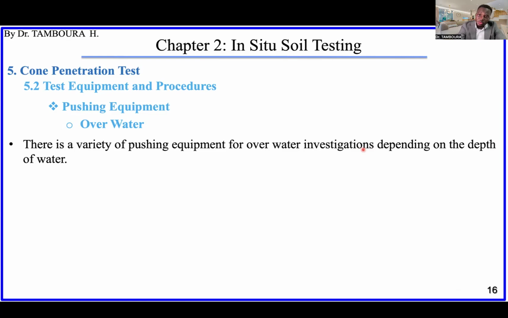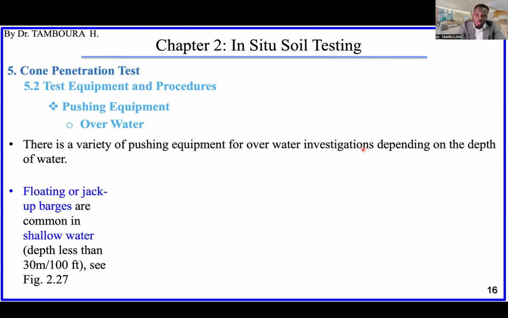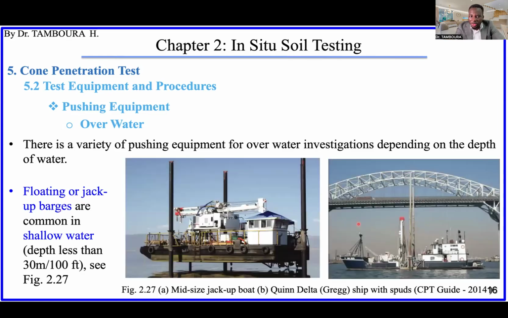Because sometimes if you are doing this at sea, we have floating or jacked up equipment for shallow water depths, if the depth is less than 30 meters. We can use this kind of equipment. This, for example, is a jack up boat. This kind of ship is floating right on the water.